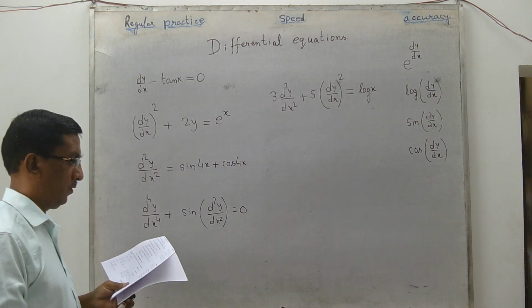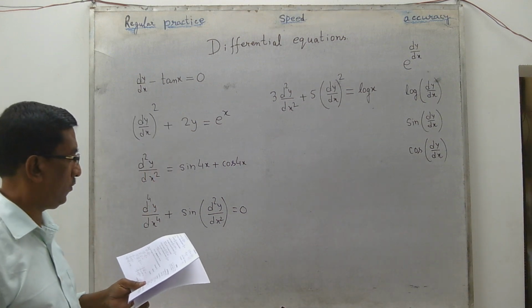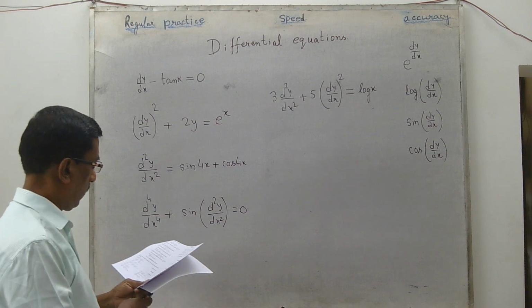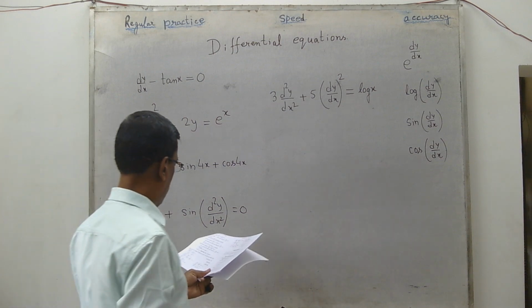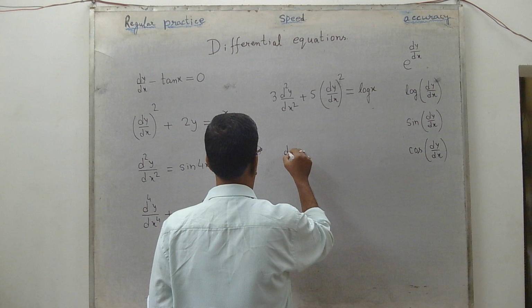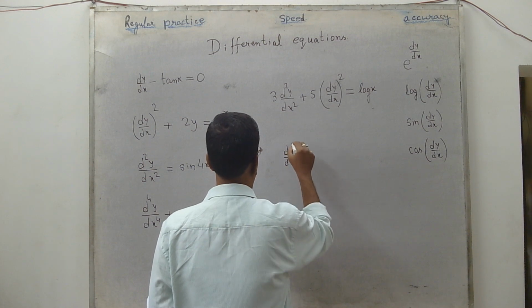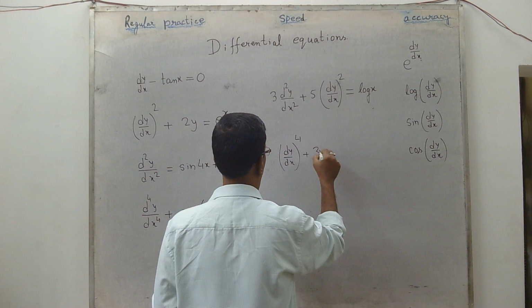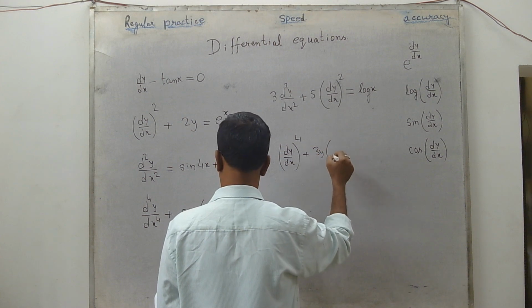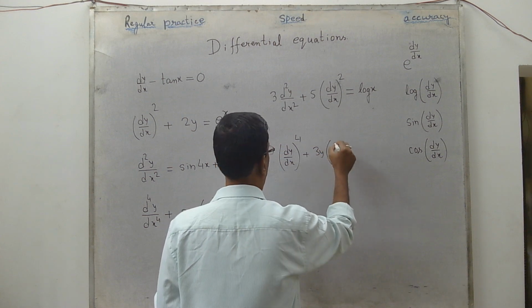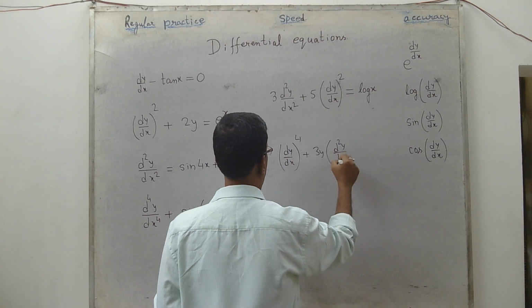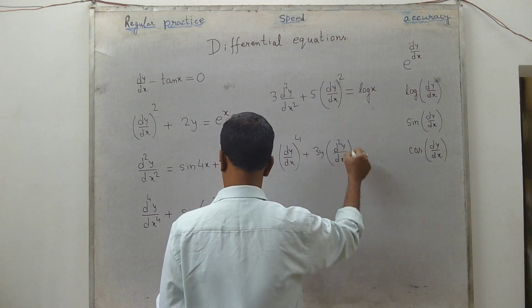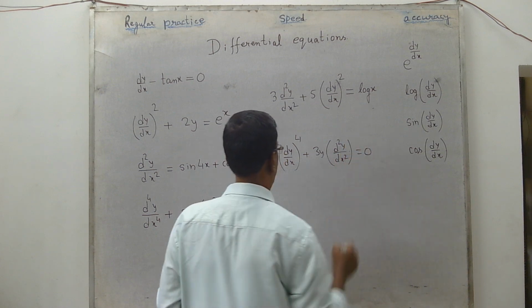Now we come to some examples also. For example, if I write dy by dx to the power 4 plus 3y d square y by dx square equals 0.